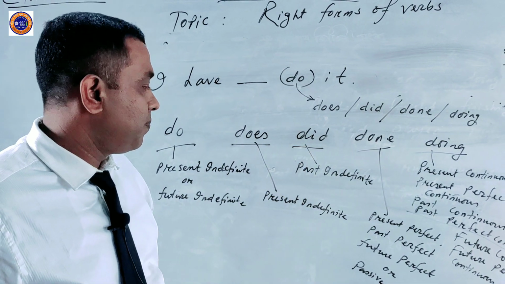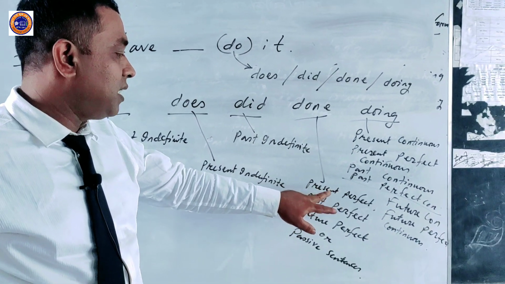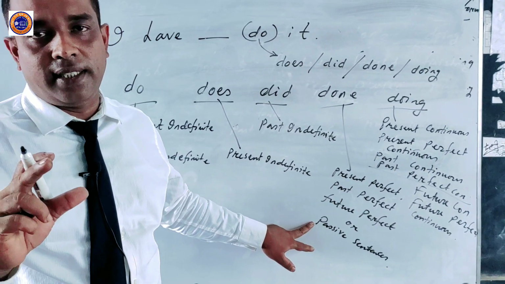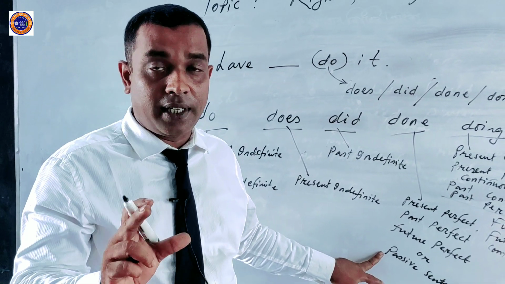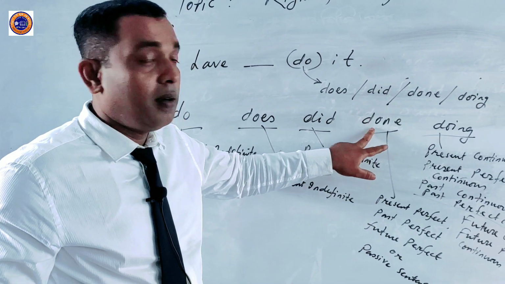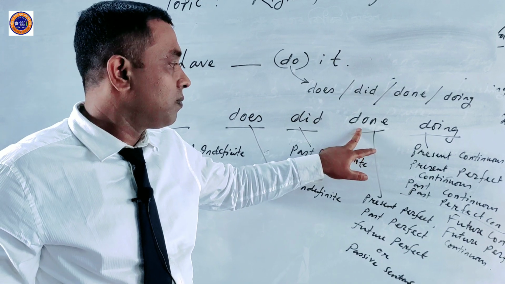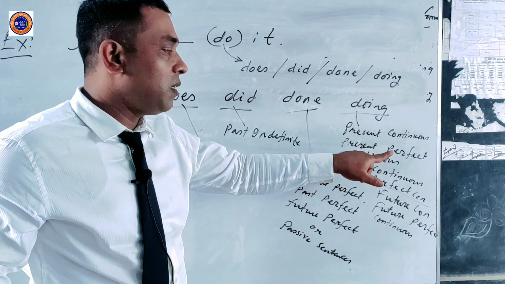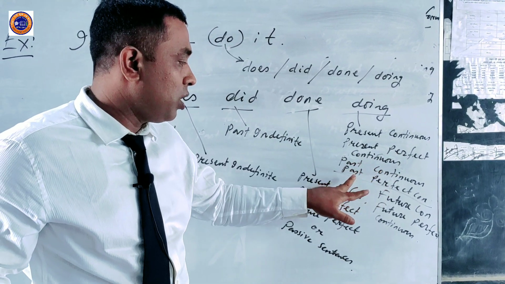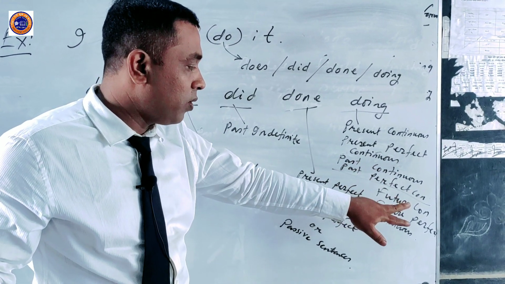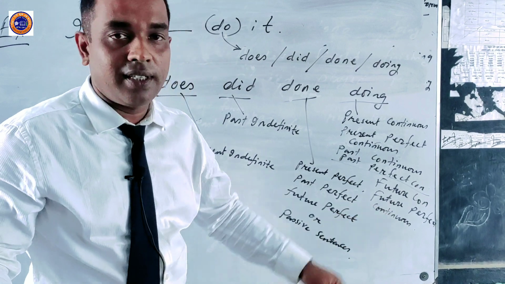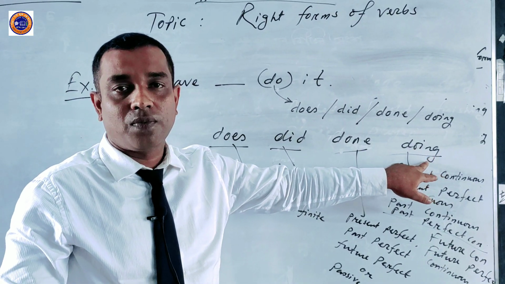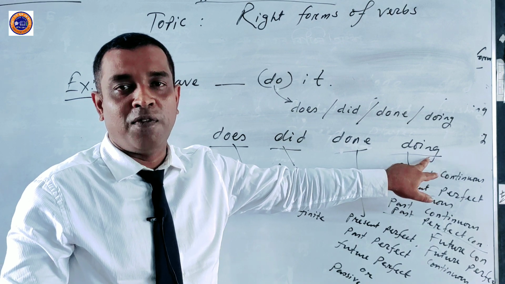If the sentence is present perfect, past perfect, future perfect, or any kind of passive sentence, then you have to use the past participle form of the verb. And if the sentence is present continuous, present perfect continuous, past perfect continuous, future continuous, or future perfect continuous, then you have to use the ing form of the verb.